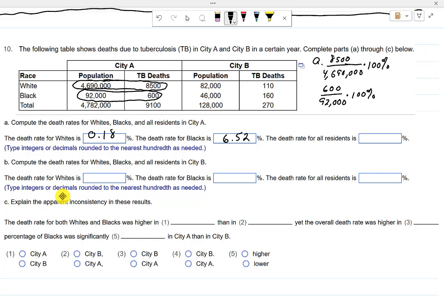And then the death rates for all the residents, that's where we take this number. This is the total. So from the final part, we'll take 9,100 divided by 4,782,000 and multiply it by 100%.